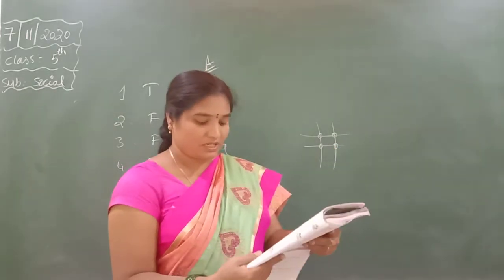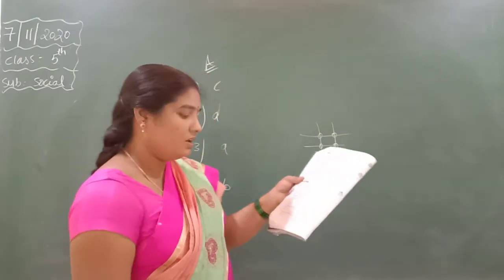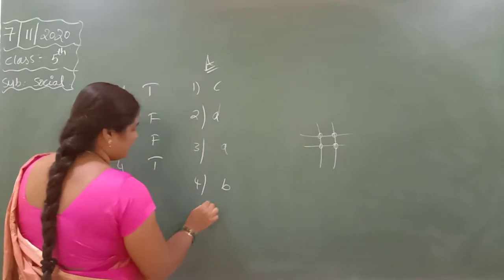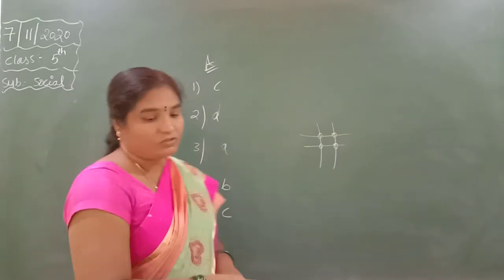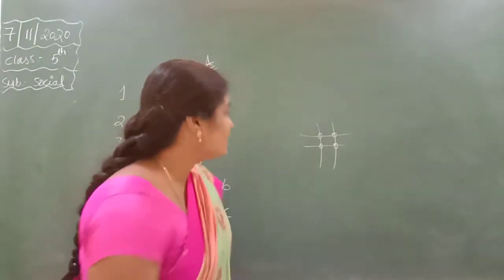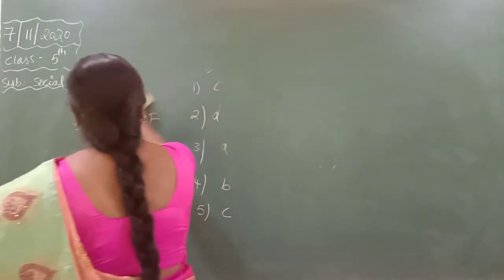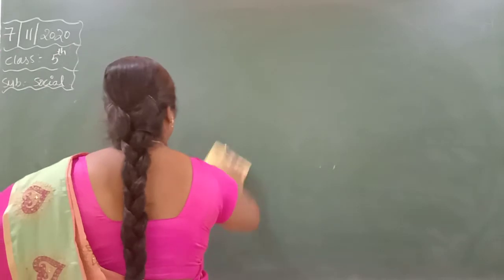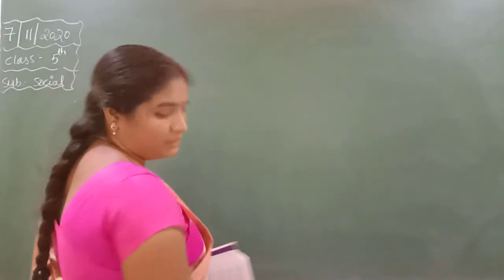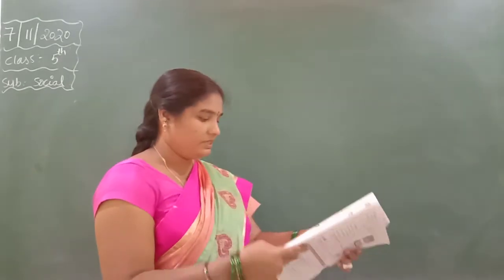So the next one is latitudes and longitudes. Fifth one is C. We need both, latitudes and longitudes. Next, we will go for the next bit.